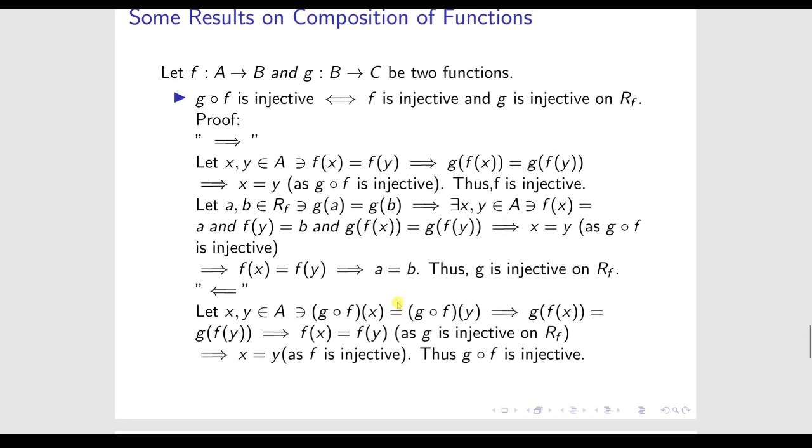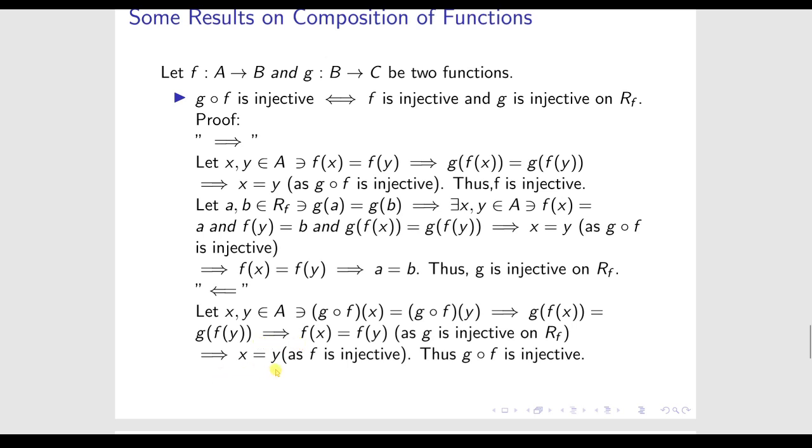Now let's proceed to the other direction, that is f is injective and g is injective on the range of f implies g∘f is injective. Let x and y belong to A such that g(f(x)) is equal to g(f(y)), which implies f(x) equal to f(y), as g is injective on the range of f, and clearly f(x) and f(y) are elements of the range of f.